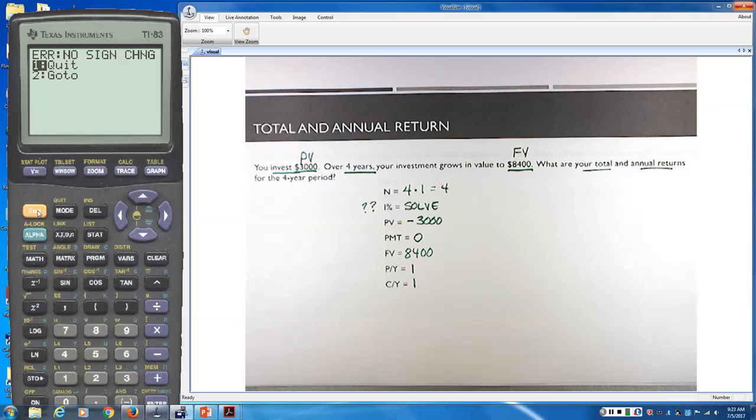Alpha, enter to solve. Oh, wait, never mind. Sorry, this makes a big difference if you leave out negative signs. I left out my negative in front of my 3,000. It told me no sign change because it knows that PV and FV are supposed to have opposite signs.